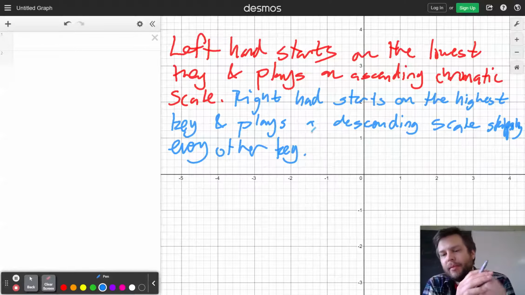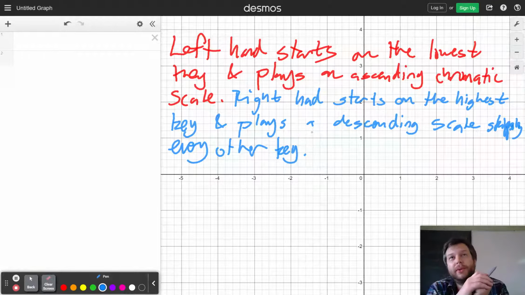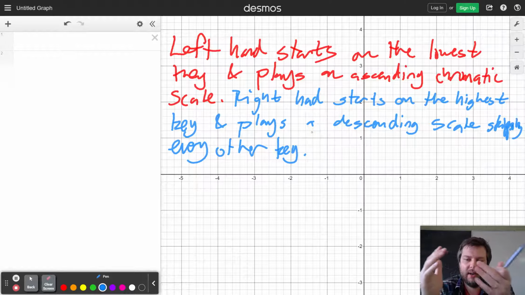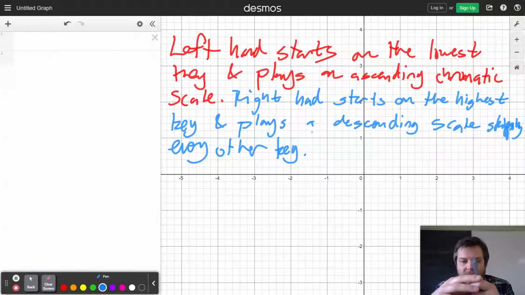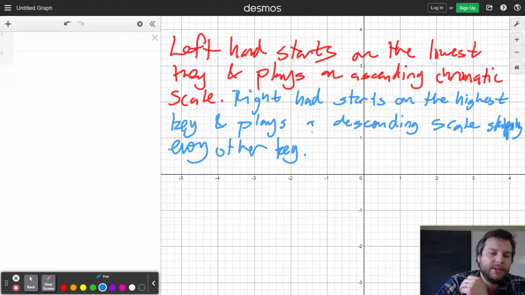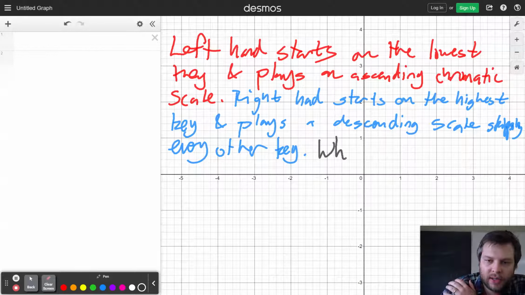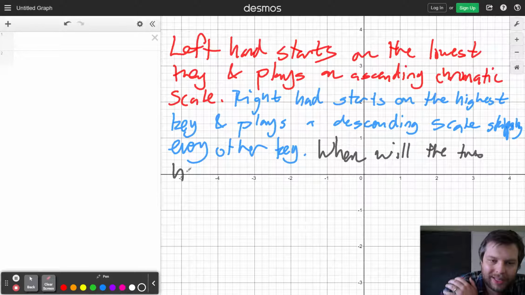So if you know anything about music, that won't be the prettiest scale because it doesn't obey the pattern where you have whole steps and half steps, but we're going to make it work that way just to make the equations both linear. That's just kind of a detail we'll ignore. And so then the question for the system of equations is just, when will the two hands meet?